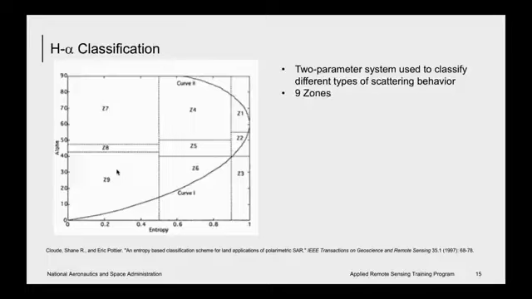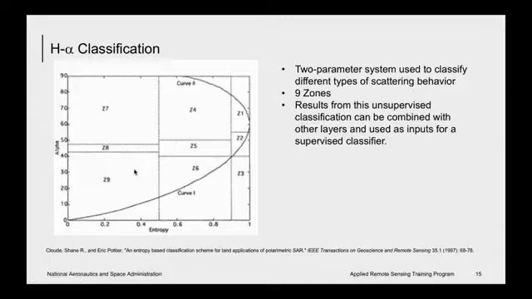We have 9 zones. As you can see here, it starts as zone 1, 2, 3, 4, 5, 6, 7, 8, 9. Although this zone is called an unfeasible zone, so we're not going to see a lot of values in this area. We're going to focus on the 8 values here that are inside the feasible zone.